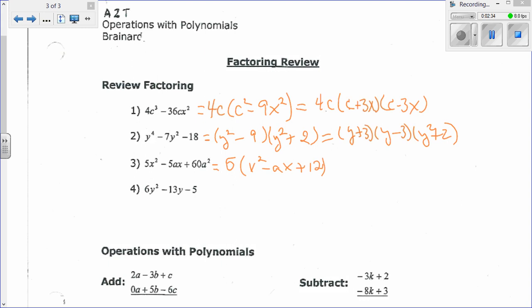And are there any factors of 12 that add up to 1? And the answer is no. Actually, that should be 12a squared. My bad. Let's fix that. 12a squared. Again, any factors of 12 that add up to negative 1? The answer is no.